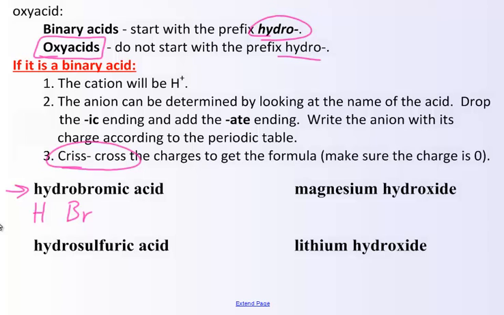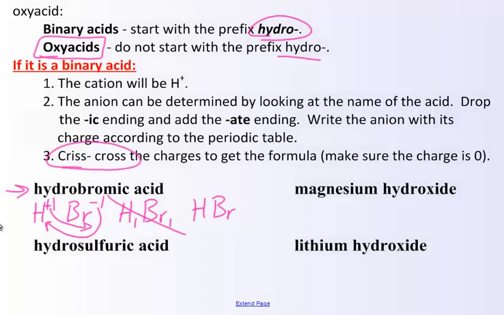Looking at your periodic table, you'll see that the most likely charge of hydrogen is +1. Bromine would be -1. So when you crisscross it, it tells you the subscript of the opposite element. So it would be H1Br1. Well, of course, if it's 1, you don't put a subscript, so it's just HBr.